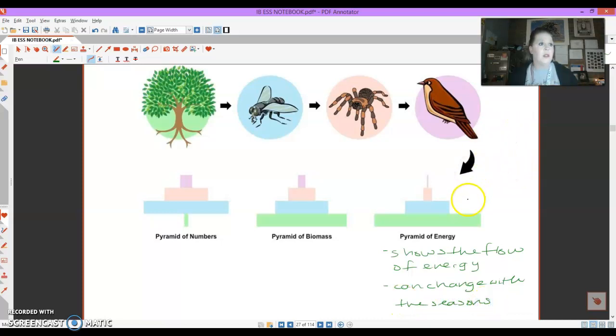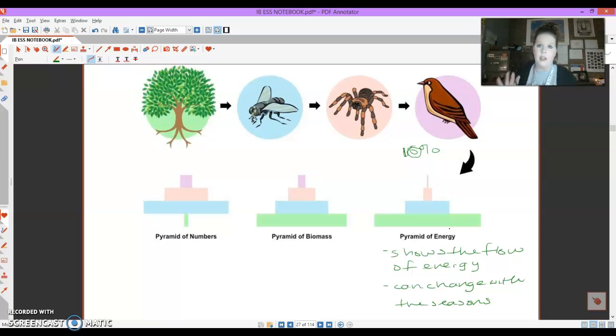Okay. Now, when we look at the energy pyramid, we use what's called the 10% rule. That's a 10, not a 6. The 10% rule. Okay. What this states is that 10% of the available energy is what's transferred to the next trophic level. And you're going to have to be able to work some very simple problems in calculating this. And guys, it's super easy.